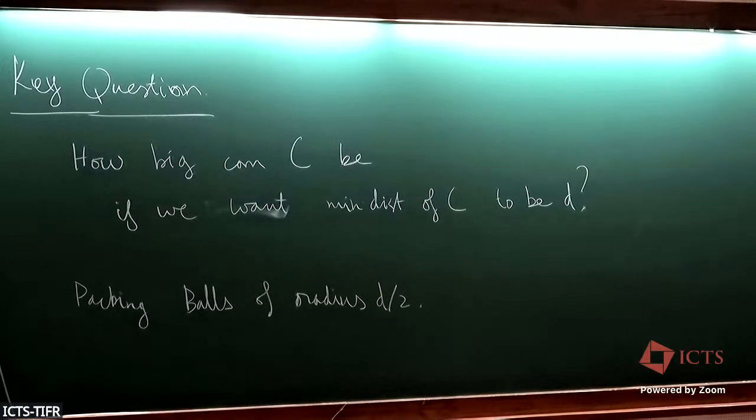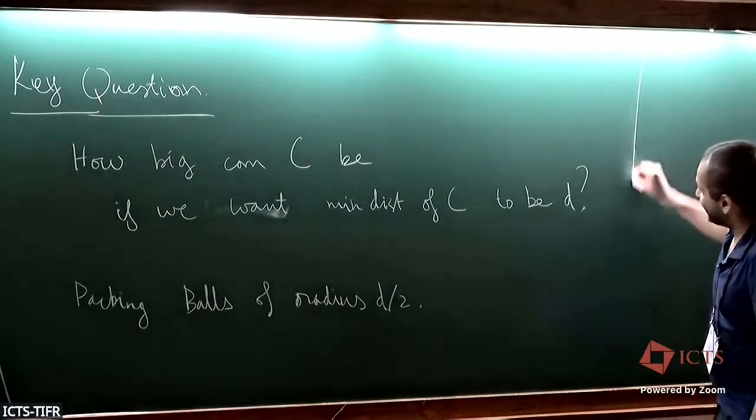So d being a constant fraction of n is especially interesting. Most of this week will be about d being a constant fraction of n, but it's also very interesting to study d being other things, and in particular d being a constant is, I would say, the second most interesting regime to study.